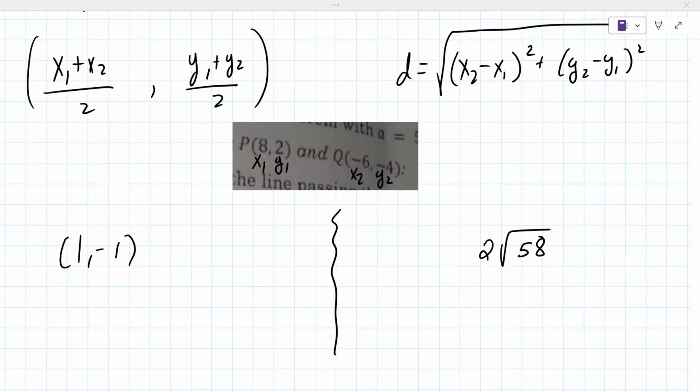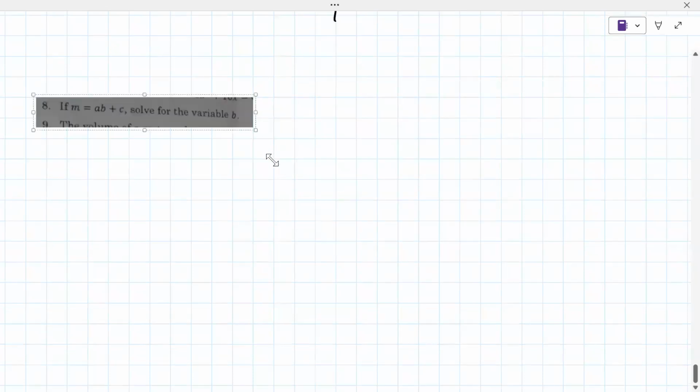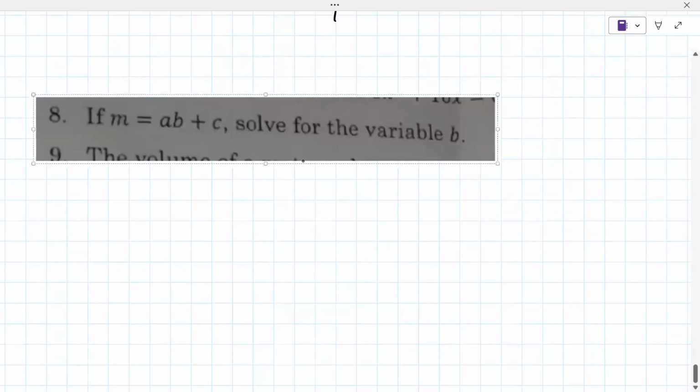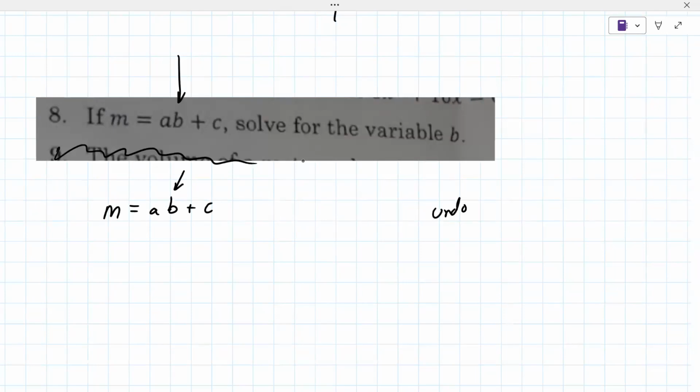Let's try one little equation here, number 8. If you remember in these literal equations, there's no numbers typically, so you just have to undo stuff to get to the variable. We're trying to get to b. So you undo addition and subtraction before multiplication and division.